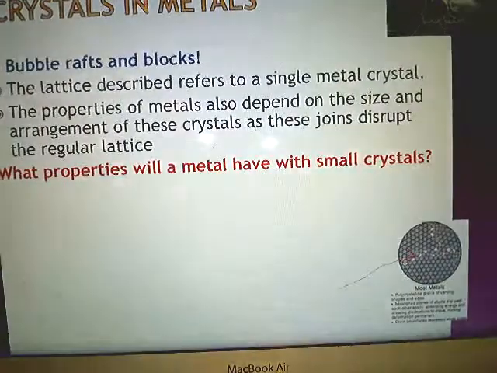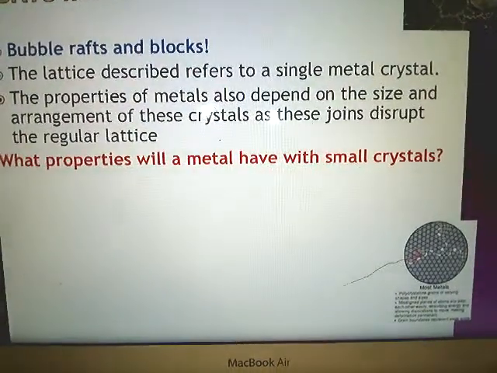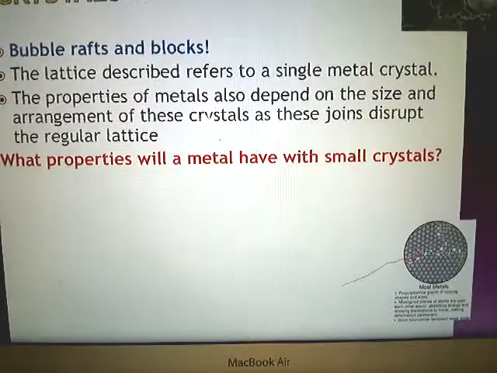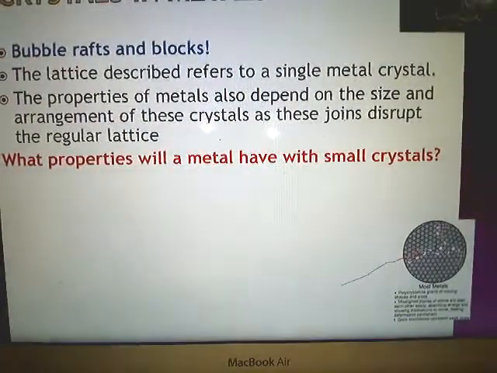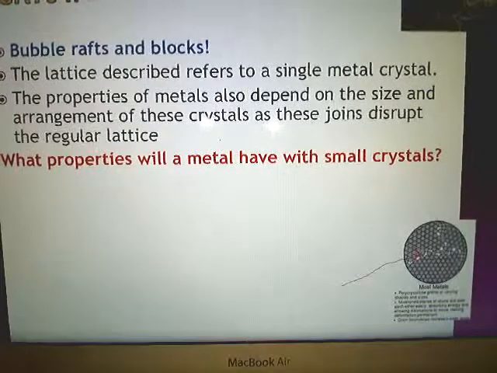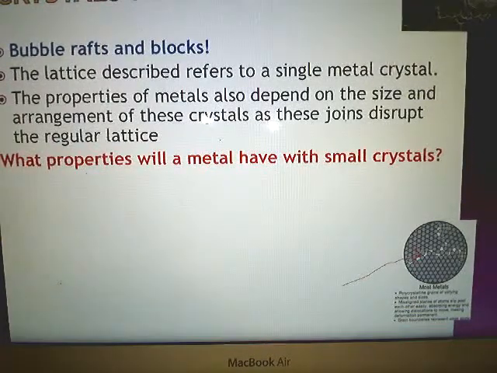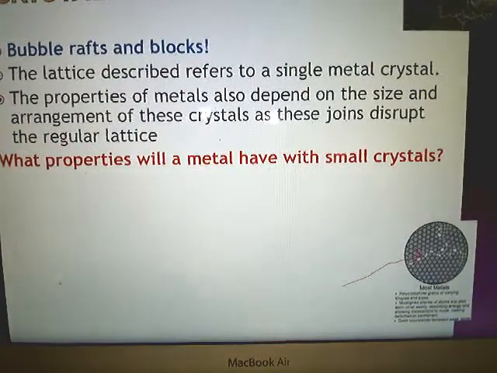Now, I want us to try and answer this question. Pause the video at this moment and have a little discussion about what properties you think a metal will have with small crystals compared to larger crystals.